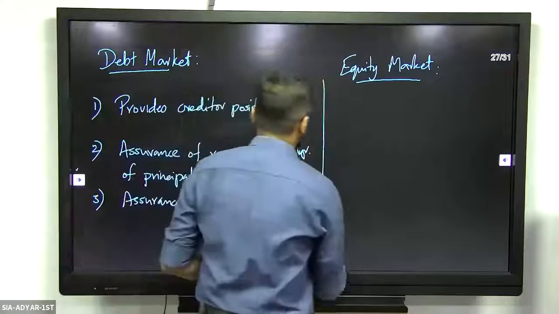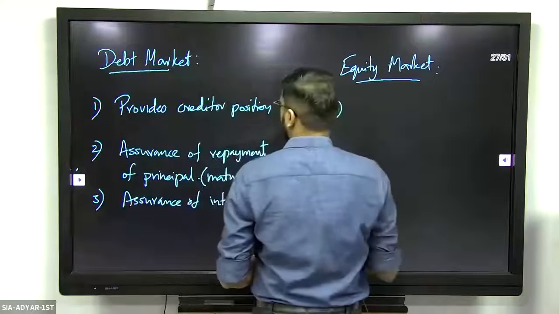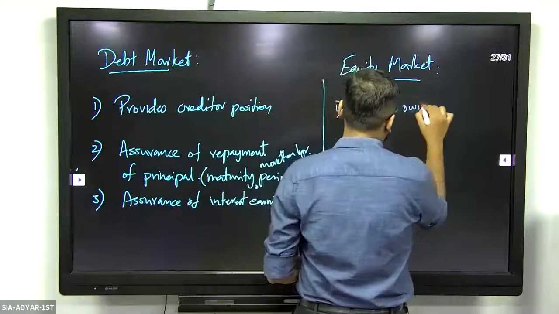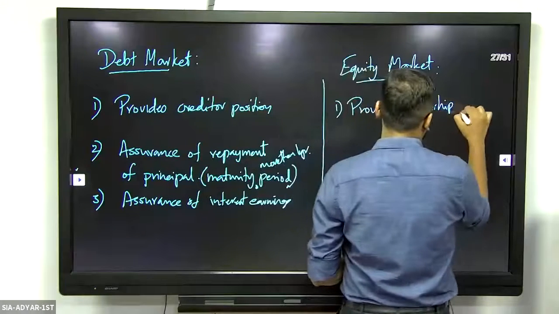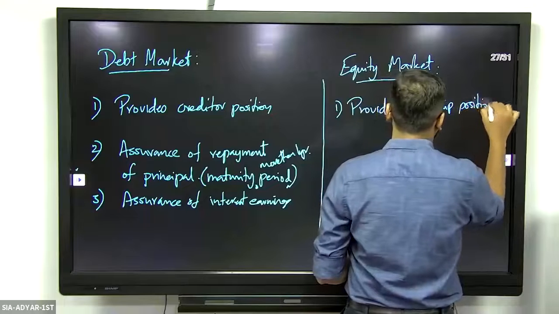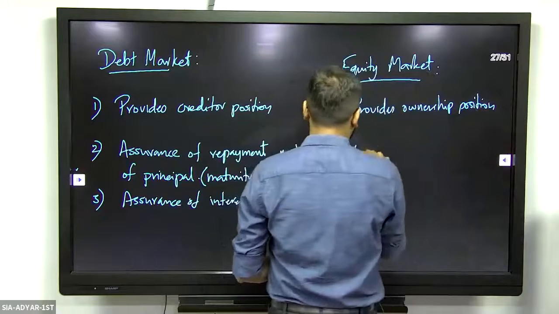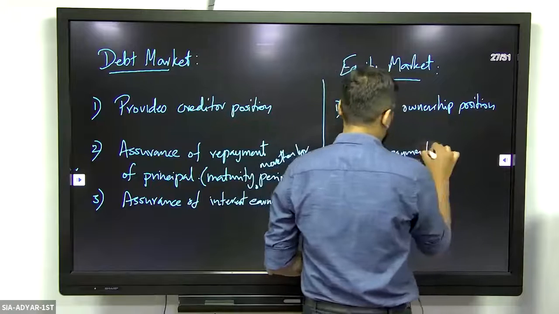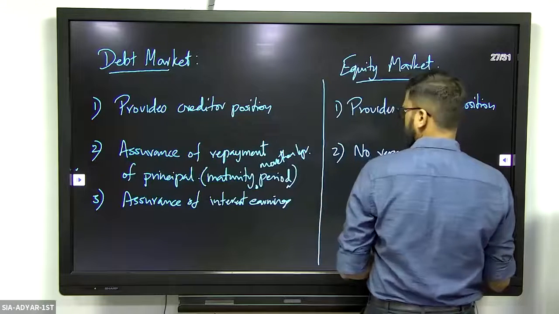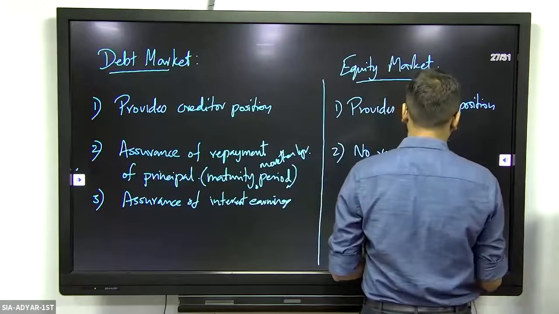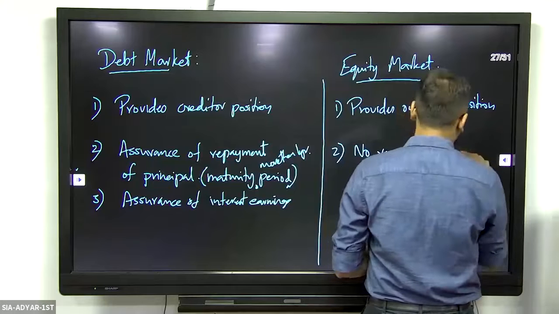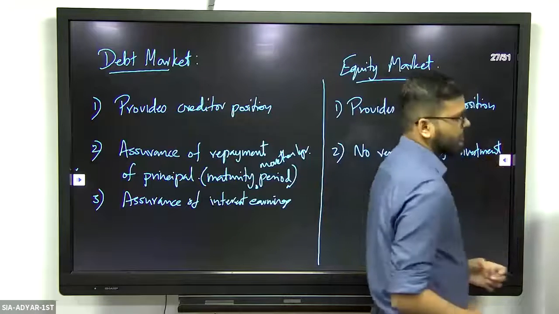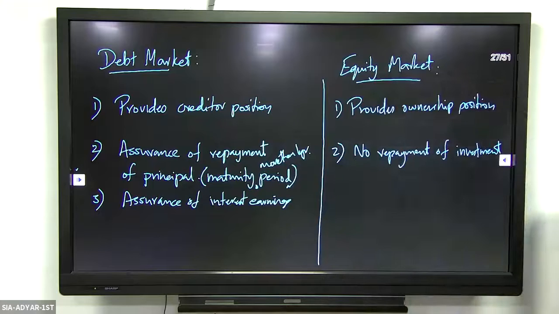Now coming to the equity market, the equivalent of this: it provides ownership position. Number 2, no repayment of investment. We can't call it principal, we can call it investment or capital.